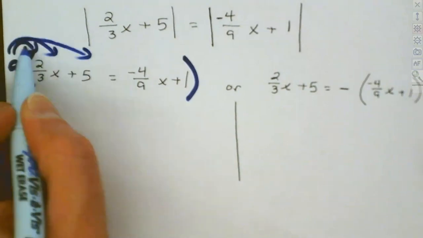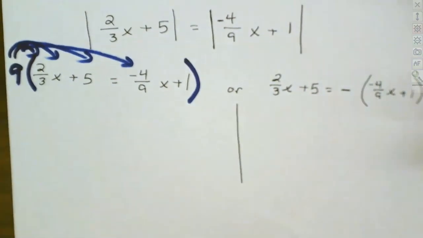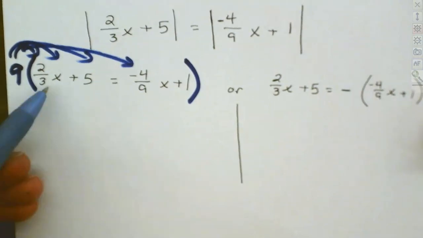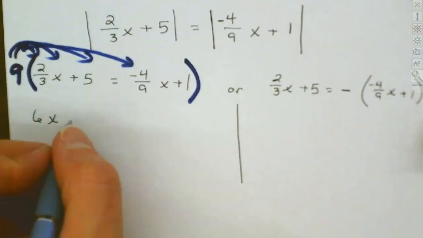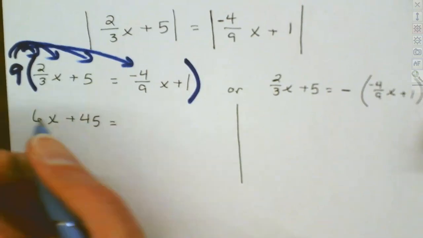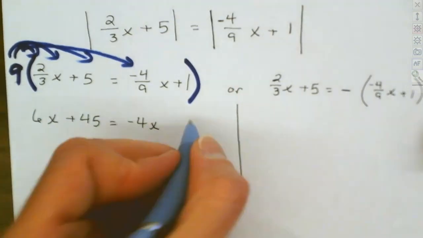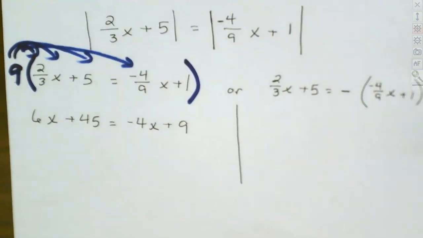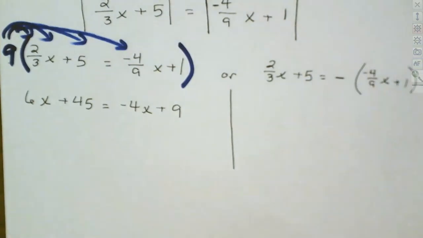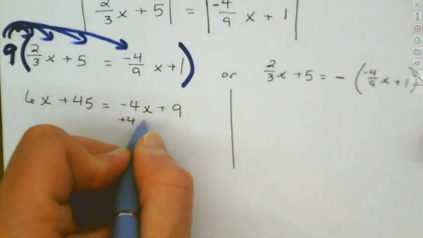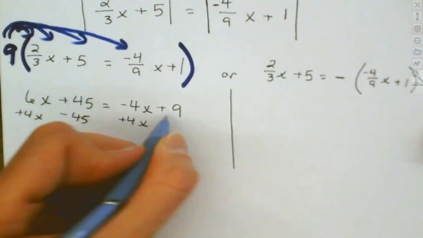Remember how to clear the fractions? Each piece gets it. So multiply it through. 9 divided by 3 is 3 times 2 makes it the 6x there. 9 times 5 is your 45. 9's cancel. That leaves you with a minus 4x. And 9 times 1, that's a 9. Now we can easily and quickly finish it here. So I'm going to add that 4x over and subtract off that 45.